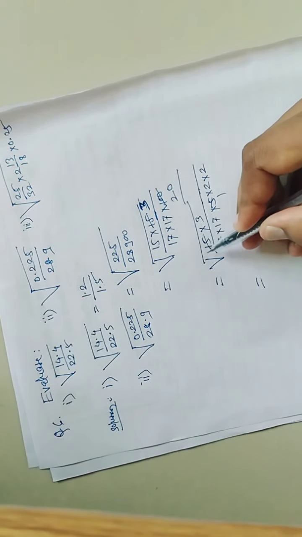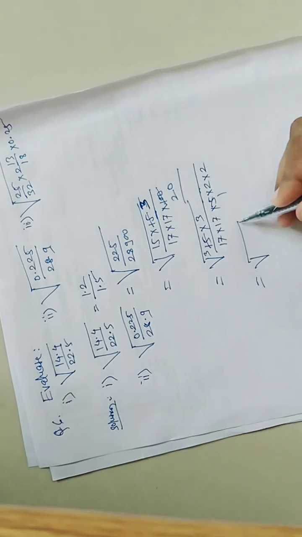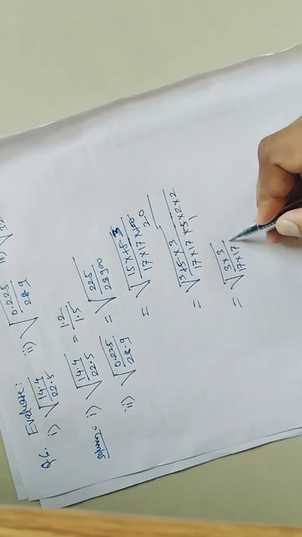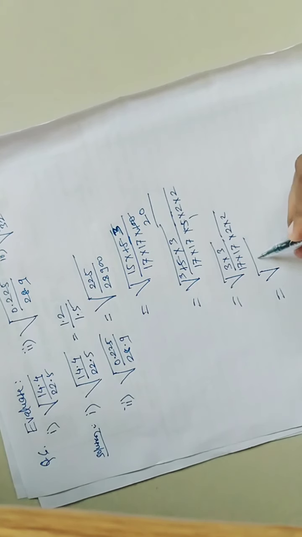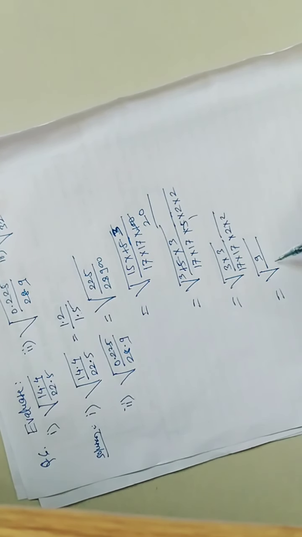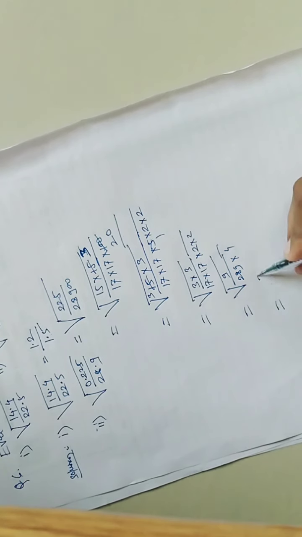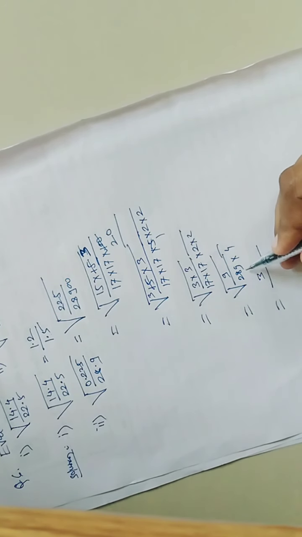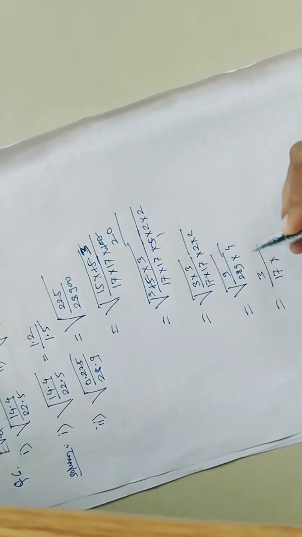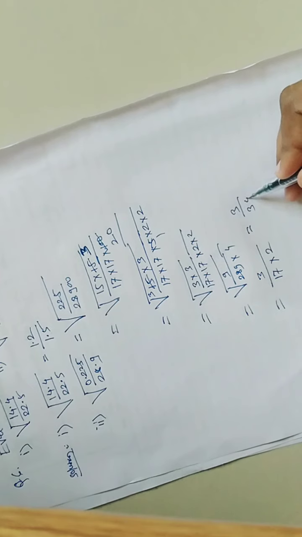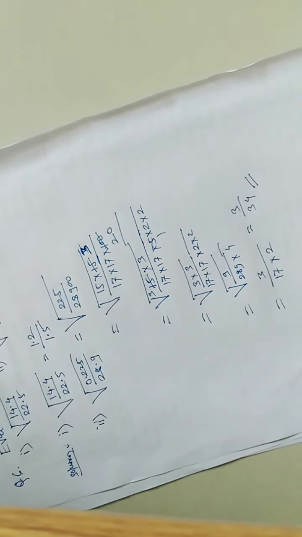Now 5 1s are 5, 3s are, so in numerator 3 multiplied by 3 divided by 17 multiplied by 17 multiplied by 2 multiplied by 2, so it means in square root 9 divided by 289 multiplied by 4. So the square root of 9 is 3, square root of 289 is 17 and square root of 4 is 2, so which is equal to 3 divided by 17 2s are 34, so 3 divided by 34 is the required answer.